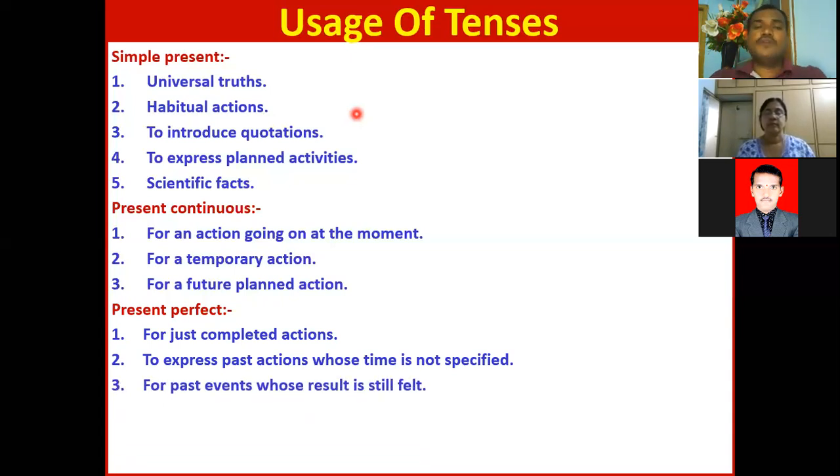And for a past event whose result is still felt. For example, the action is completed, but the result hasn't been announced, or hasn't been felt. In that case, we should use present perfect.